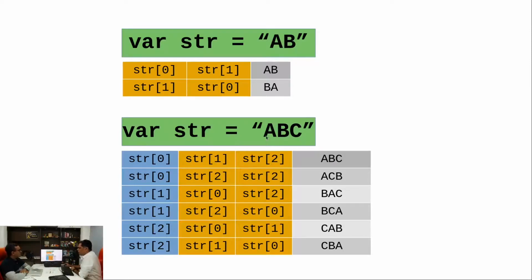Now, if we go one step further and say this is a 3-letter word, then it becomes a little bit complex, but there is an easy way out. You take 1 letter out of the 3-letter word, and then the rest of the letters you put through the same anagram methodology.